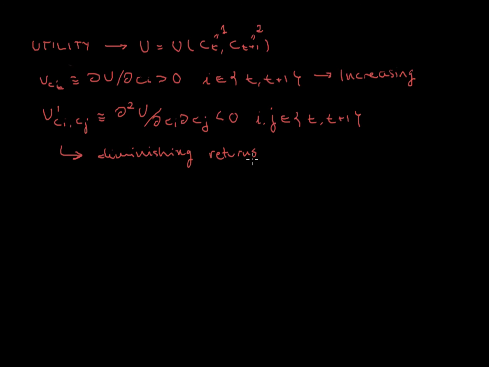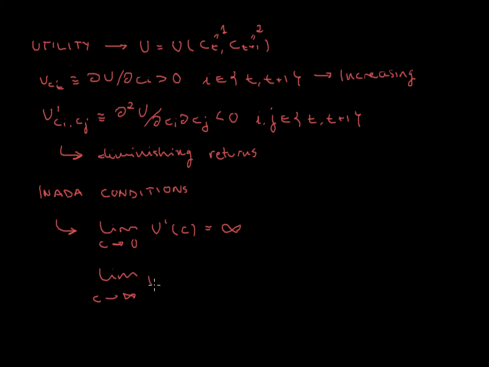And then of course the Inada conditions, which, as we know, are the limit when c goes to 0, the marginal utility must go to infinity, and also the limit when c goes to infinity, the marginal utility of c is of course 0.